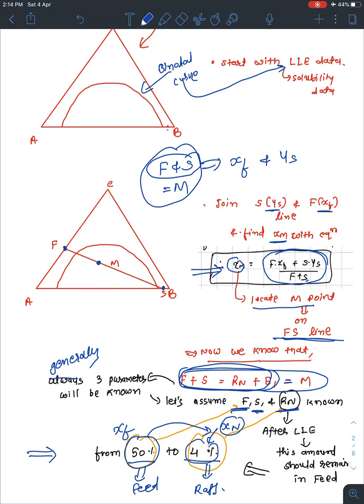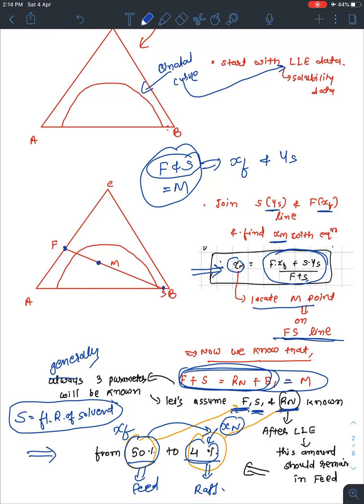Okay, so we have this F and S. Yes, S is again important; it can be unknown most of the time. S is the flow rate of solvent, but here we are assuming that S is known to us. So this is our first type, where we have the F, S and Rn data.